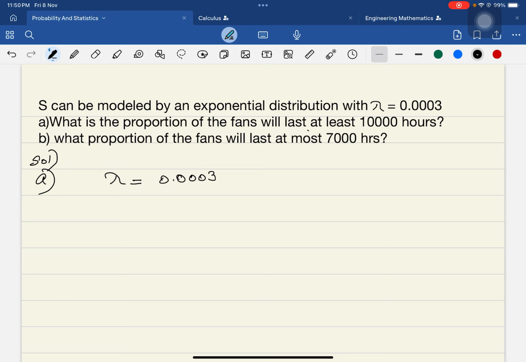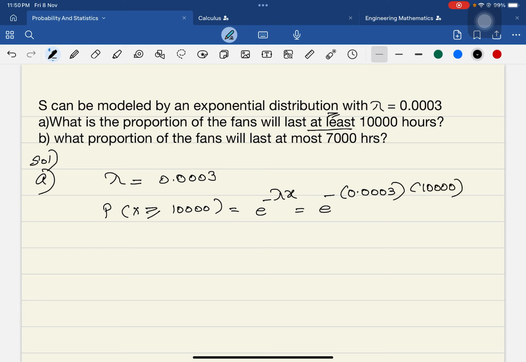What do you mean by at least? At least means greater than or equal to. So P of x greater than or equal to 10,000 is given by e raised to minus lambda x, that is e raised to minus 0.0003 times 10,000, and this whole value gives you 0.0497.